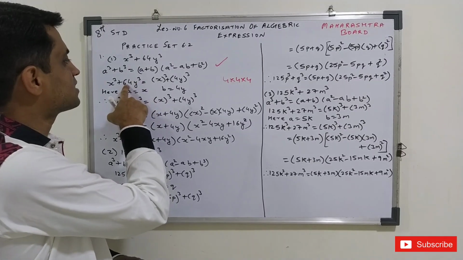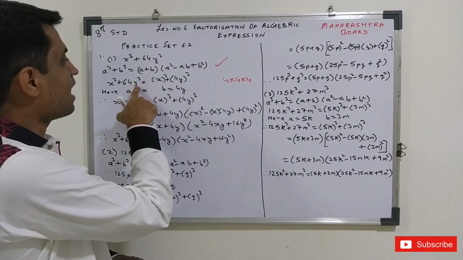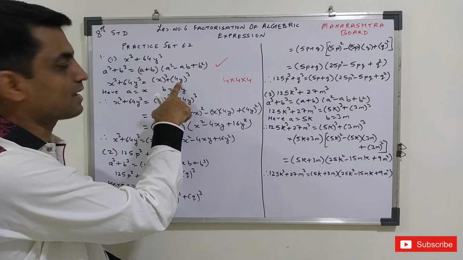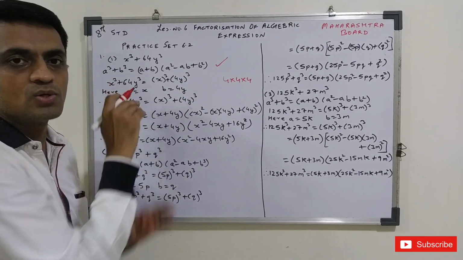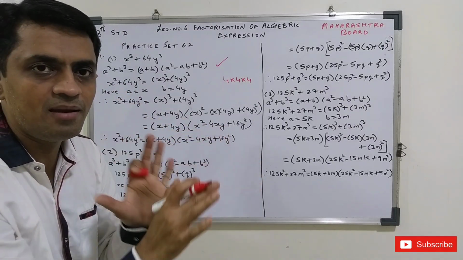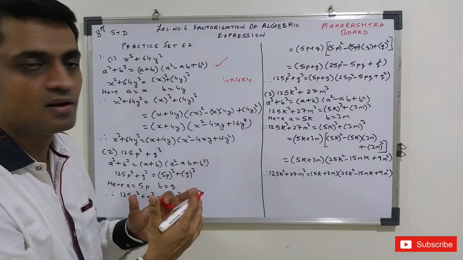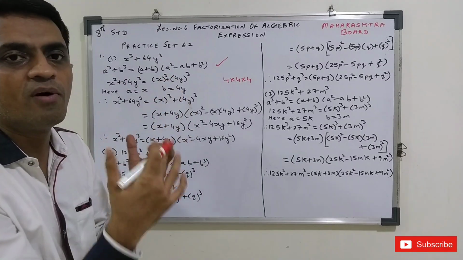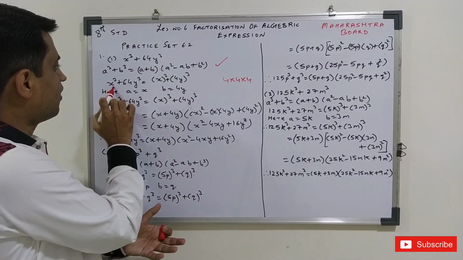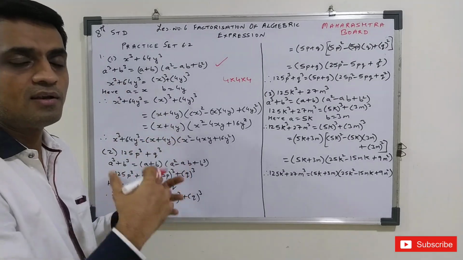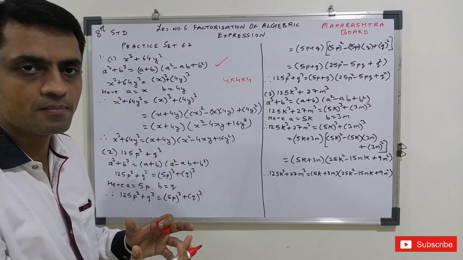So we are writing 64 as 4 cube, and y as y the whole cube, because again if you open this bracket you will get the same answer. So in this sum we are not changing any meaning of the sum. The meaning remains the same, but the way of writing is different. All this will be in the form of a cube. They will be a cube of some number.